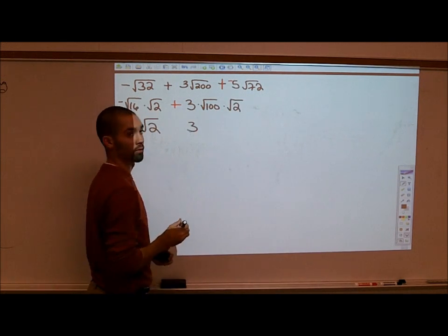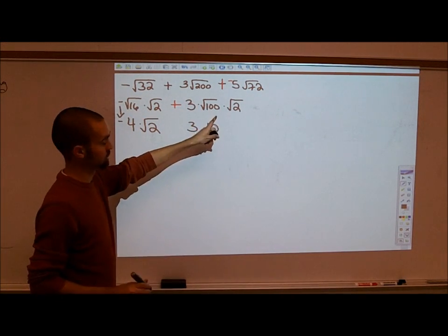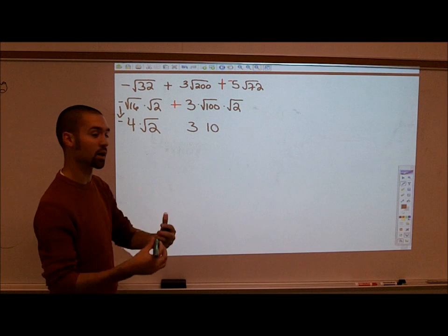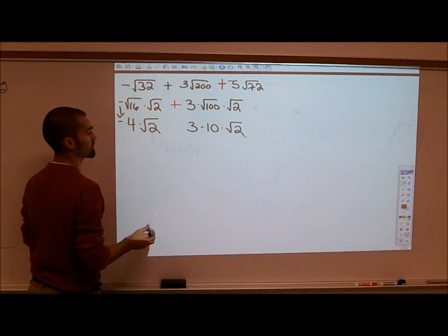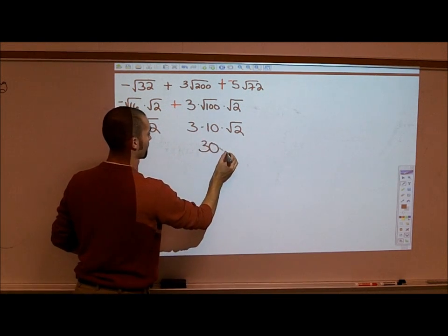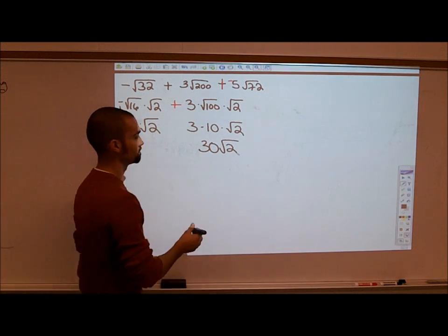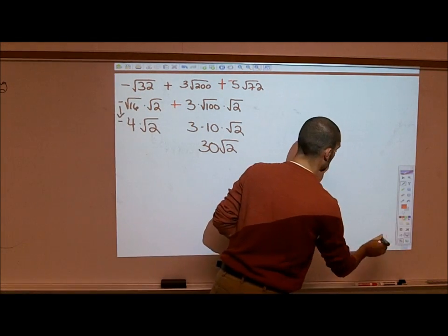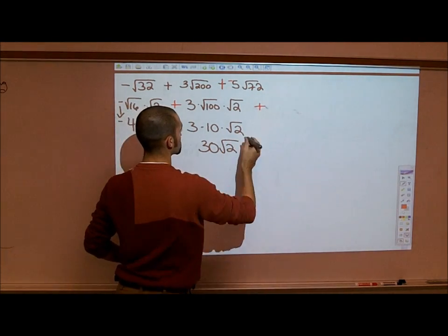Well, the square root of 100 is 10. Again, we use the square root on the 100 to get the 10. That's why the square root is gone. So 3 times 10 is 30 times the square root of 2. Okay? Awesome. I can't simplify that anymore, so I put in my other plus sign, which is my barrier.